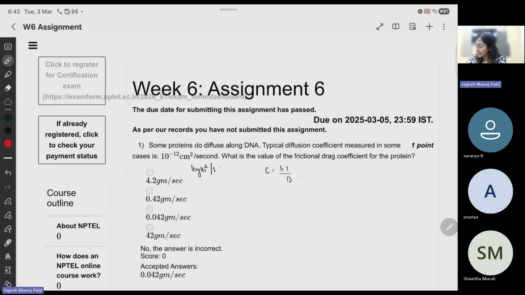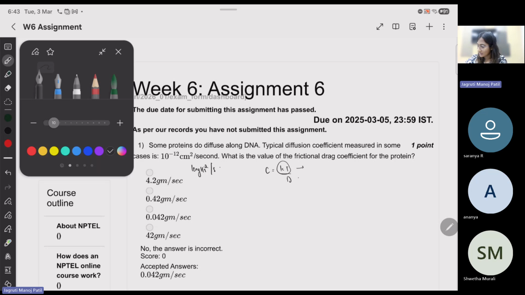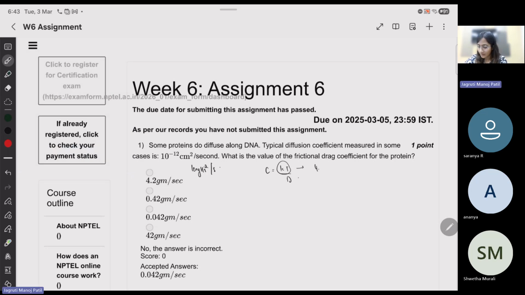Let's say we are given a certain temperature and certain variations which exist in the body. So kT is like 4.2 times 10 raised to minus 21 joules.